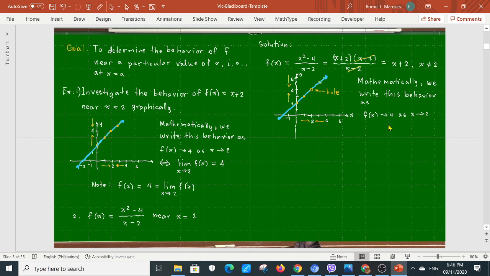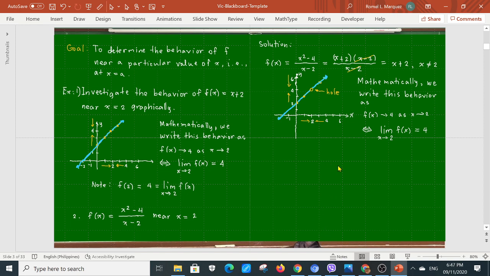Or equivalently, we have the limit as x approaches 2, meaning both from the left and from the right, of f of x. What is my f of x this time? x squared minus 4 over x minus 2, right? That is my f of x, is equal to 4. Actually, later, once we write limit, this is how we write it. This is the commonly used notation to write such behavior.